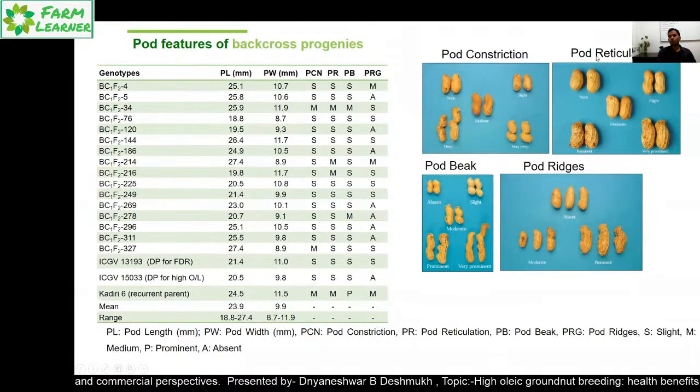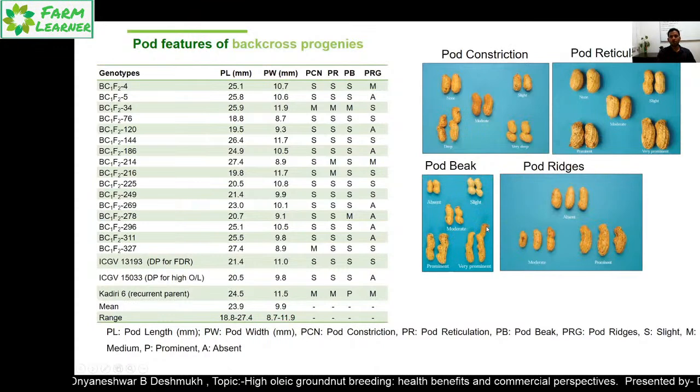And the same applies to reticulation. Reticulation is a very strong structure on the peanut. So the more the reticulation, the lesser the preference. Here what we need is slight to none reticulation. Then here, pod beak is like this. It looks like a beak.